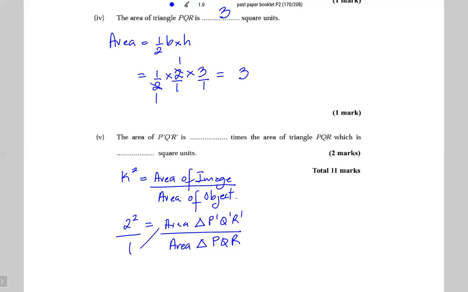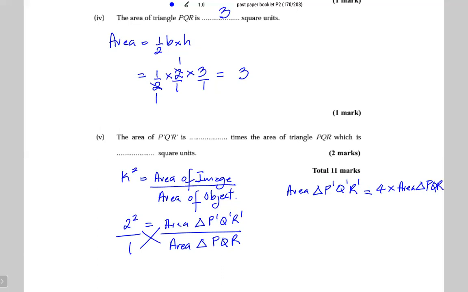So the area of triangle P prime, Q prime, R prime would be equal to 2 square, which is 4, times the area of triangle PQR.